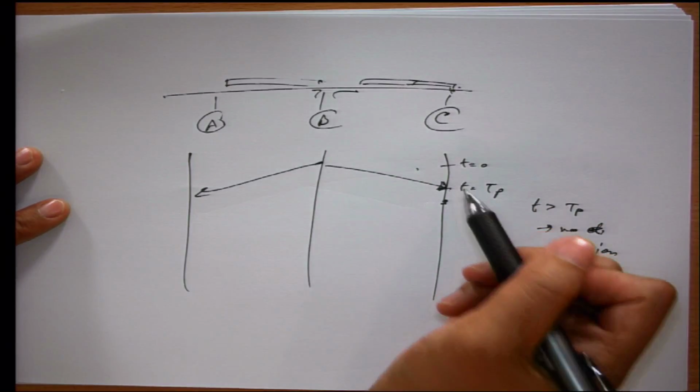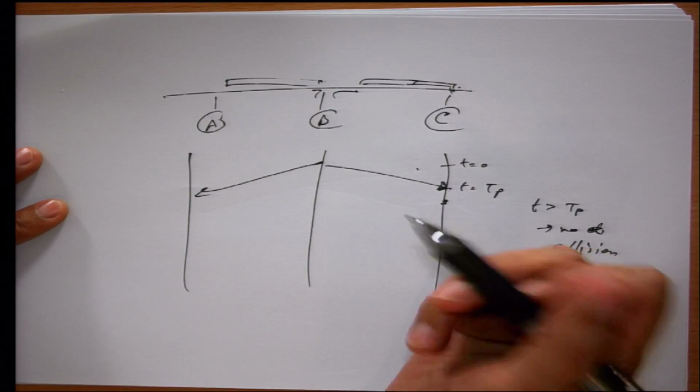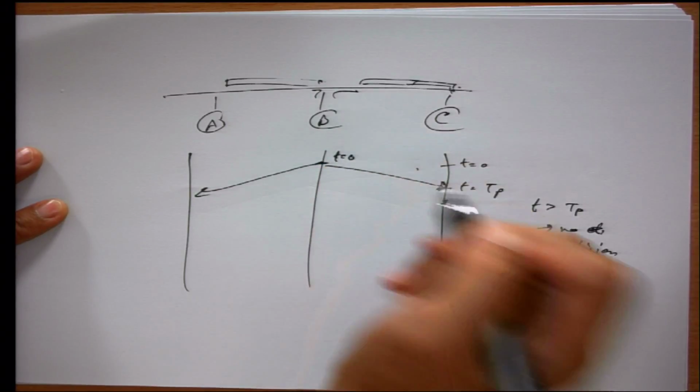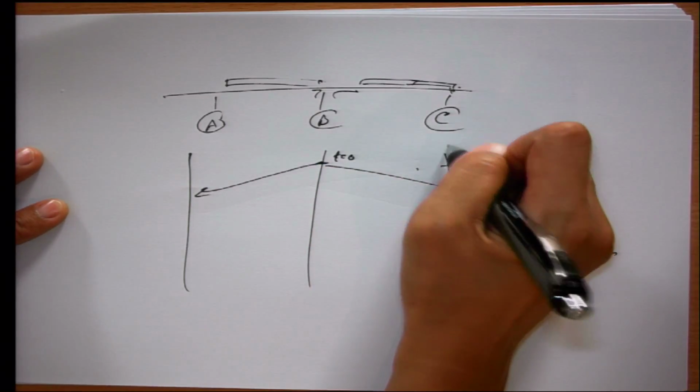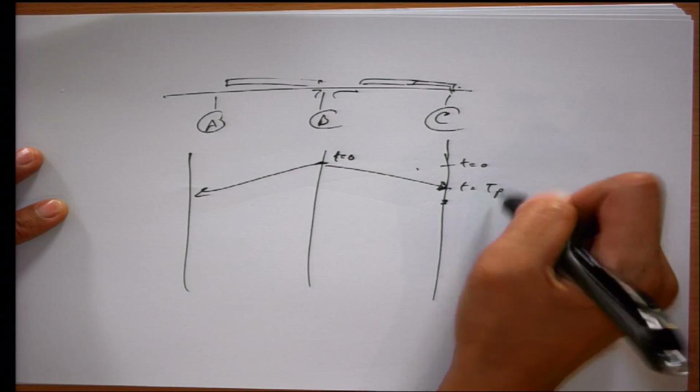So now we want to find the time that will cause a collision. If B wants to send at time t equal to 0, and C wants to send after t sub p, that is okay, right?